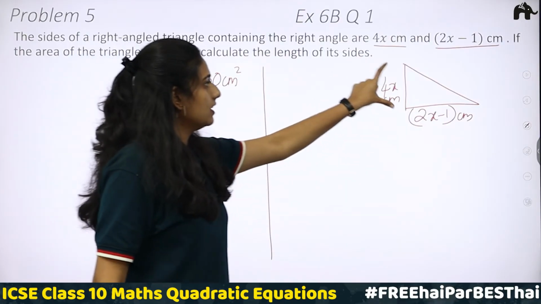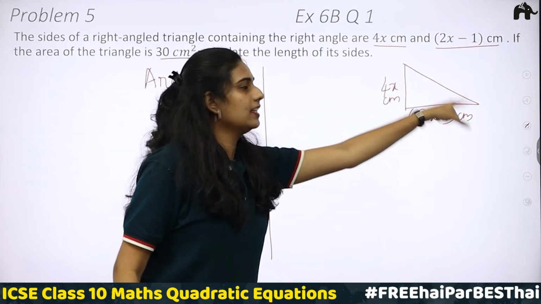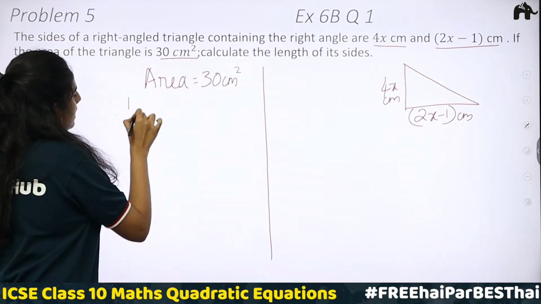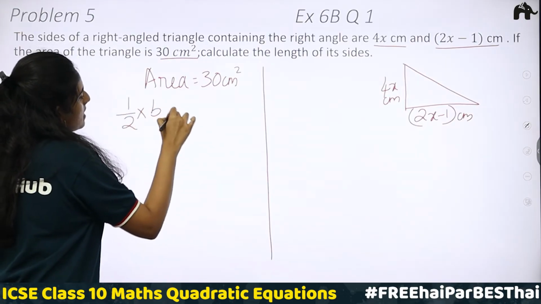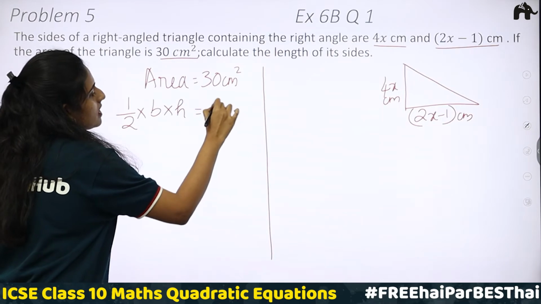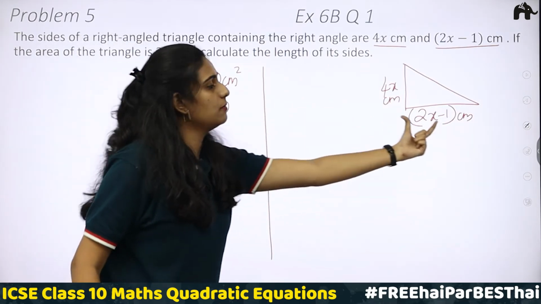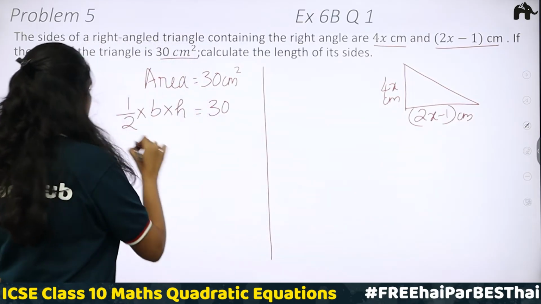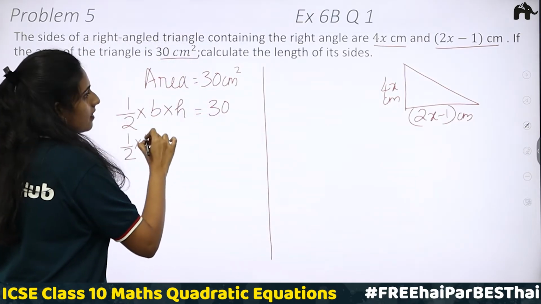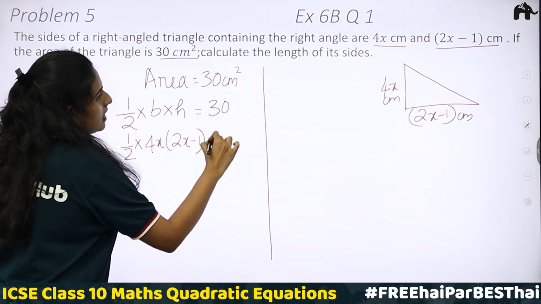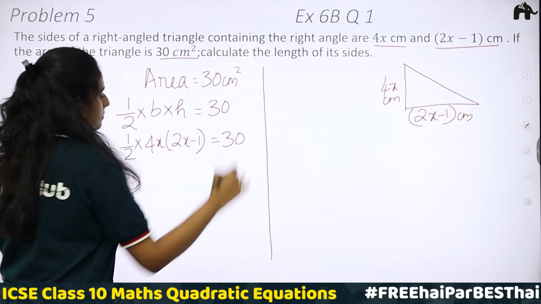We have to calculate this length and the hypotenuse. Here we have area of a triangle is half into base into height and that is given, which is 30. What is height? Height is 4x and base is 2x minus 1. Half into 4x into 2x minus 1 is equal to 30.